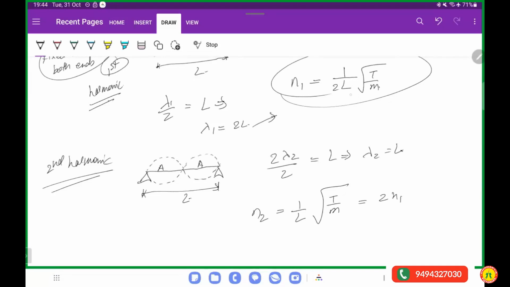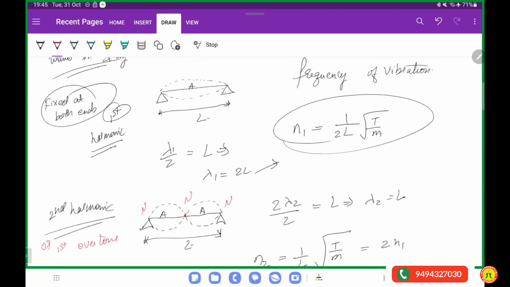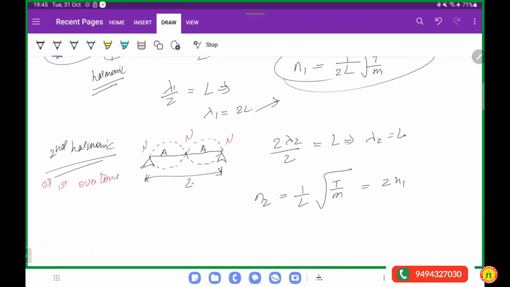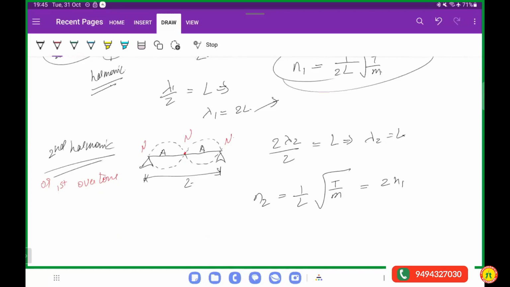If I compare these two, only the factor 2 is extra. So this second harmonic is also called the first overtone. Here if I write N, N, N, these are nodes; there are 3 nodes.